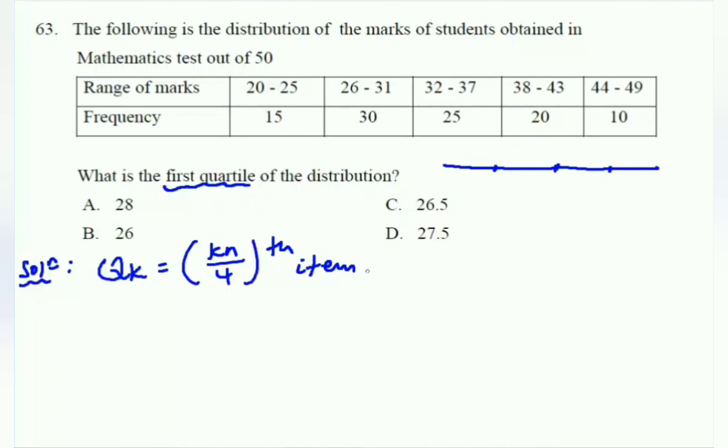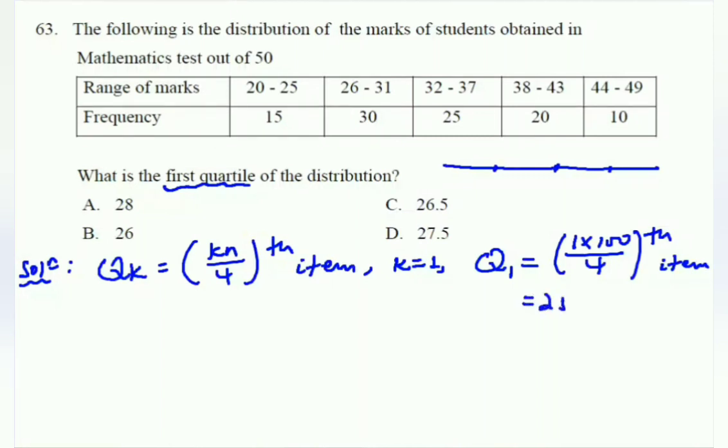We need the first quartile, so k is 1. The sum of the frequencies, 15 with 25, with 10, with 20, is 100. Therefore, in place of n, take 100. So the first quartile is the 1 times 100 over 4's item, which is the 25th item.